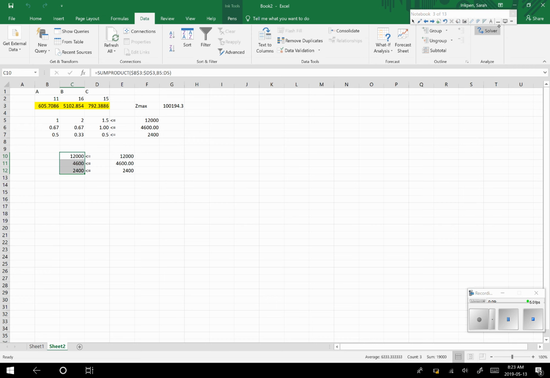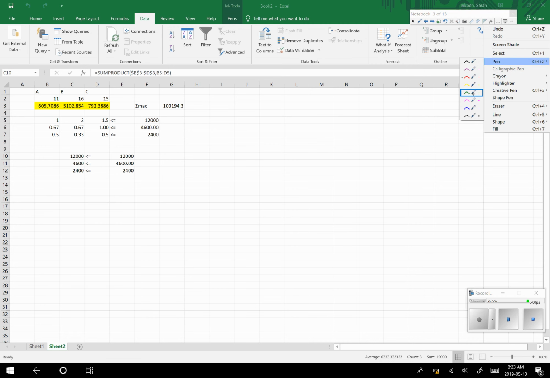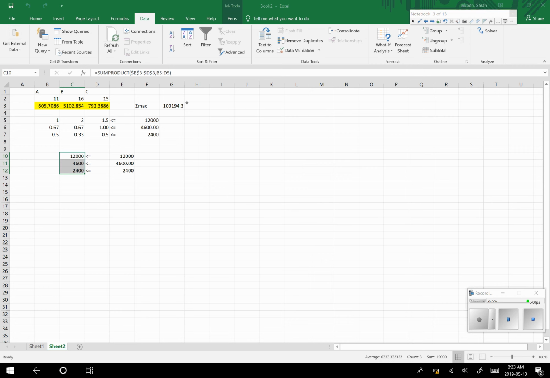so if we just want to have a look at what's here, this is saying that maximum profit is 100.